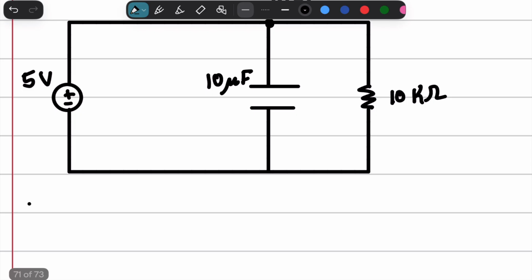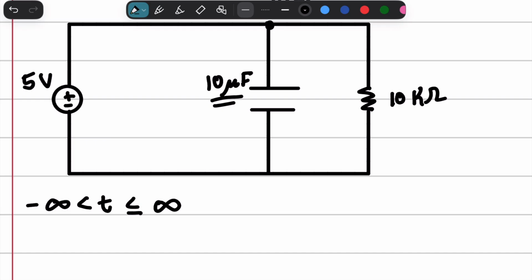You're going to have the scenario from negative infinity to t, and then the scenario from t to infinity, right? And infinity is a relative thing, right? Depending on this capacitance and this resistance will determine what is a very long time. That could be 8 hours, it could be 3 seconds, etc.